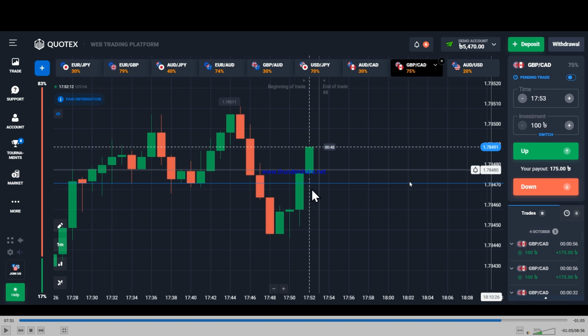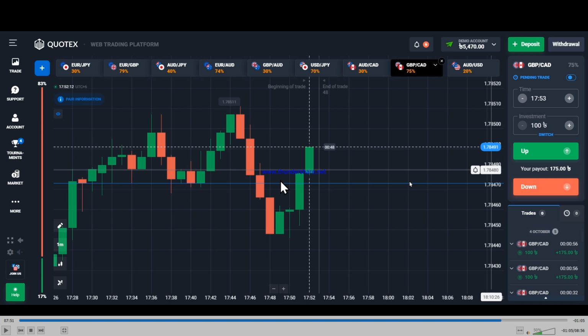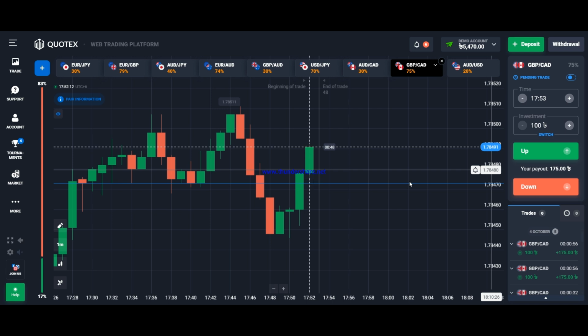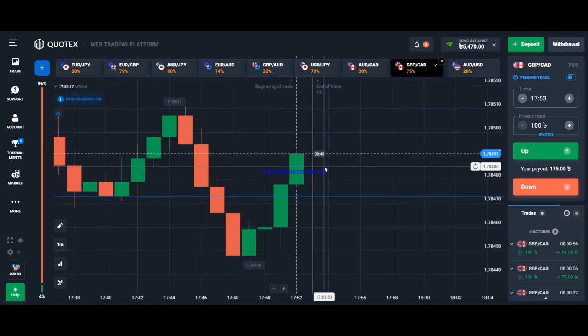That's why I was watching the sellers, to see if they can come below this level, but I see no seller's entry. Rather, I see the buyers strongly entering on this candle, which means the buyers are ready to go above. That's why I placed my trade here for the call option.